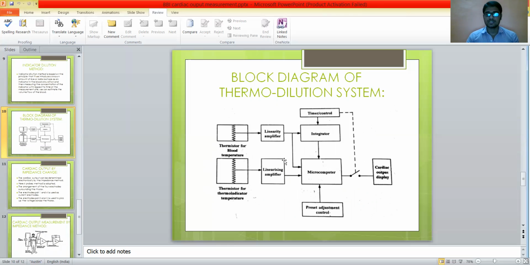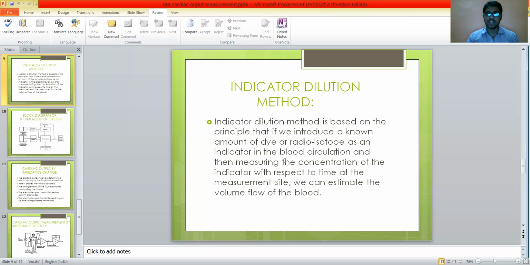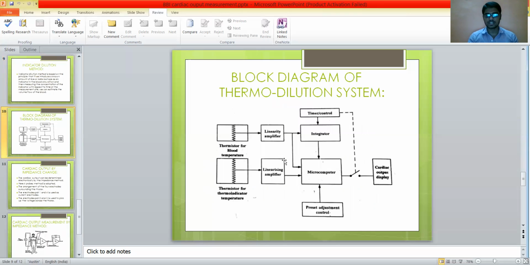But the disadvantage is the limitation. With the indicator dilution method, the curve increases and reaches a point, then it decreases. So we don't get a correct measurement, so we use the block diagram of the thermodilution system.